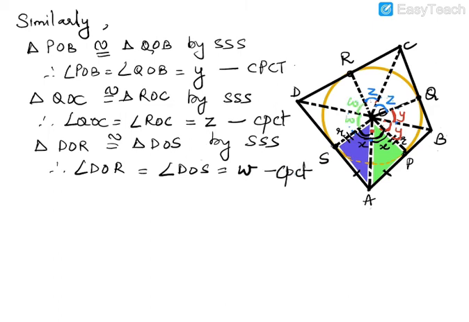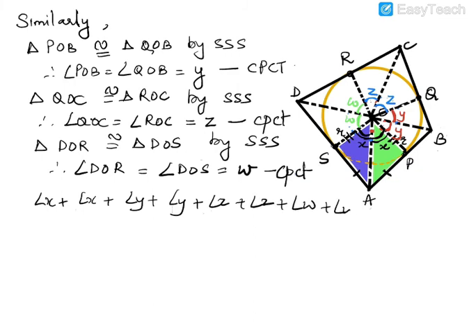So now in this figure, we have marked all angles around this point O. And we know that the sum of angles around a point is equal to 360 degrees. So adding all these angles around point O, we get angle X plus angle X plus angle Y plus angle Y plus angle Z plus angle Z plus angle W plus angle W equal to 360 degrees.